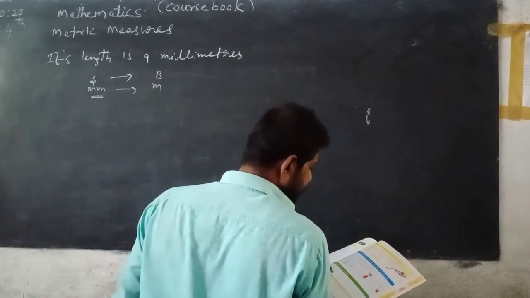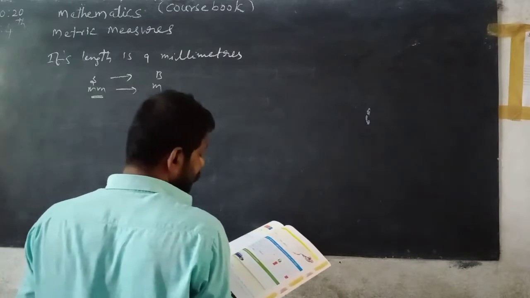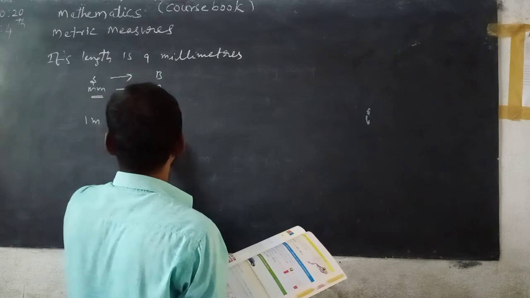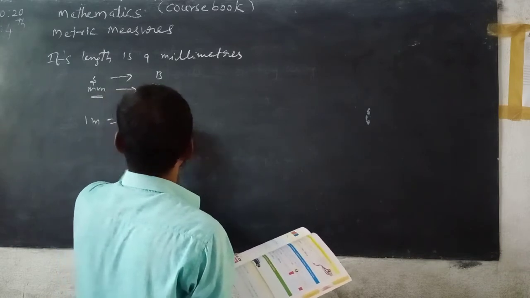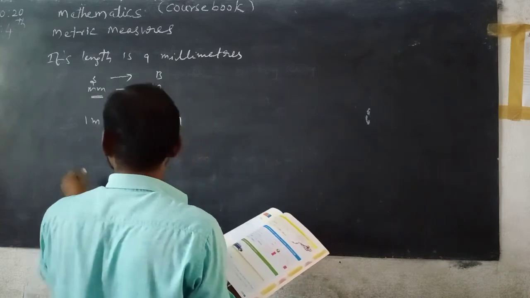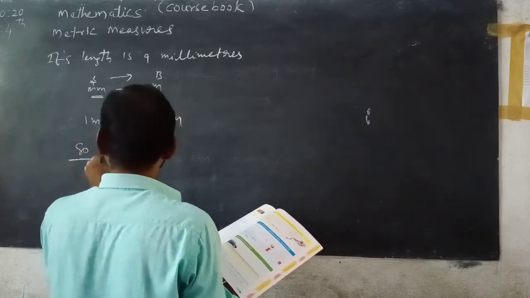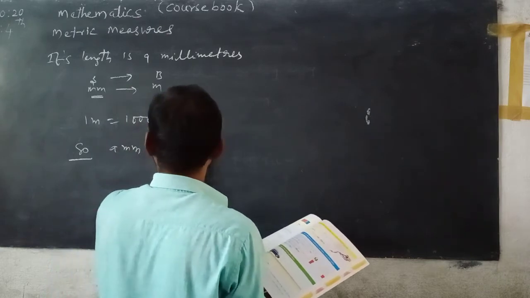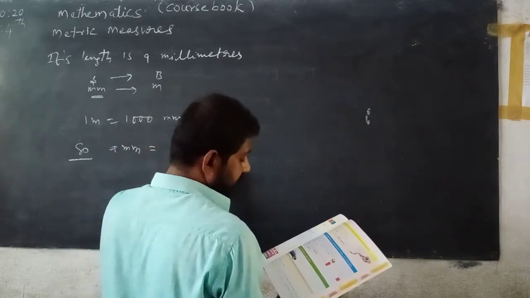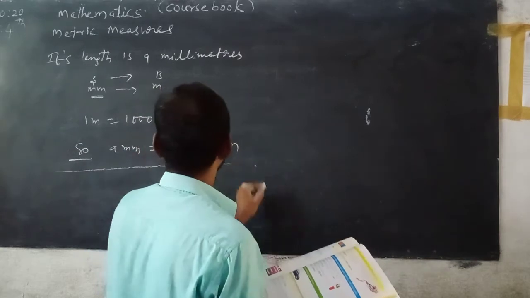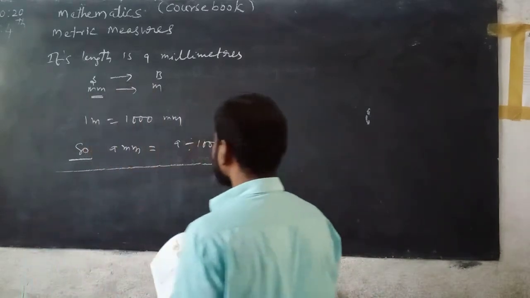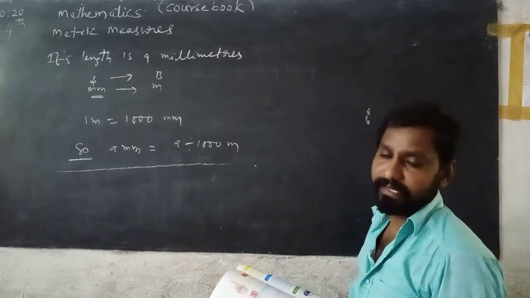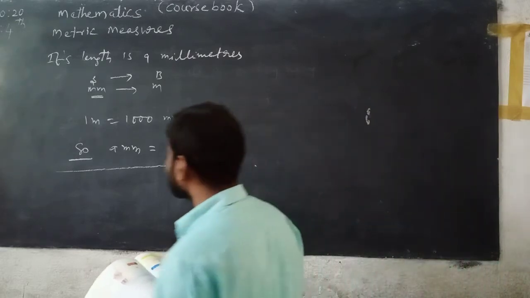We need to divide millimeter by 1000 since 1 meter is equals to 1000 millimeter. So 9 millimeter is equals to 9 divided by 1000 meter. So you can get 0.009.